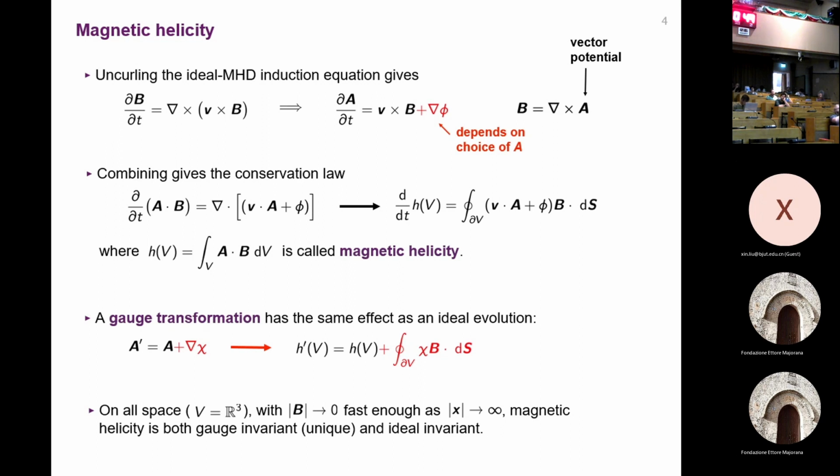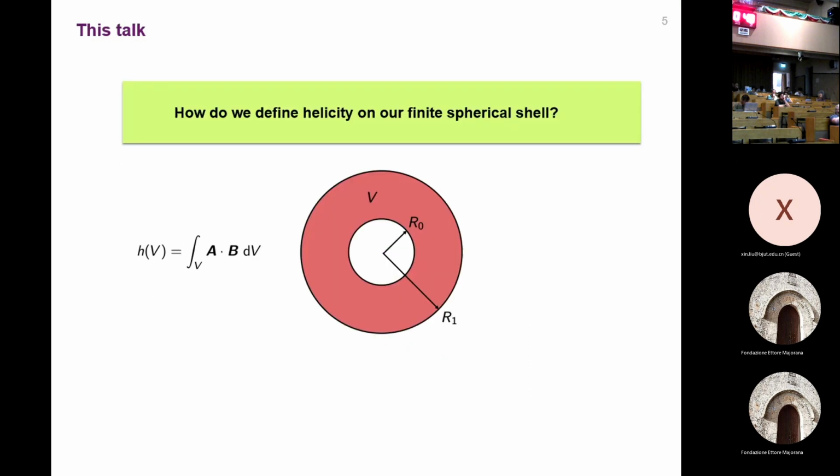If you have the helicity of all of space and you have some physical magnetic field that tends to zero fast enough as you go to infinity, then this boundary term goes away. In that case, the magnetic helicity is not only gauge invariant, but also time invariant, assuming you have this ideal evolution. So that was a sort of introduction.